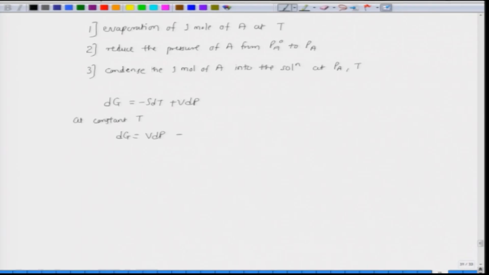So, we can apply the ideal gas equation here. We can replace V with RT by P. So, if we make a state change from pressure 1 to pressure 2, at constant temperature, delta G should be equal to RT ln P2 by P1.